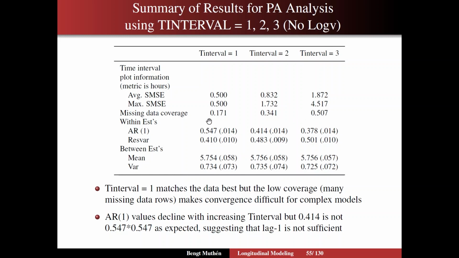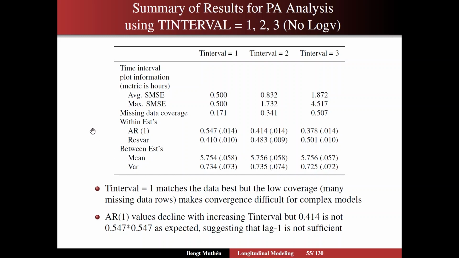This is not to say that these are problematic values. It's just that with this low coverage, you can have problems with more complex models. So I'm saying here t interval equals 1 matches the data best, but the low coverage, that is the many missing data rows, can make convergence difficult for complex models, particularly random effects models.